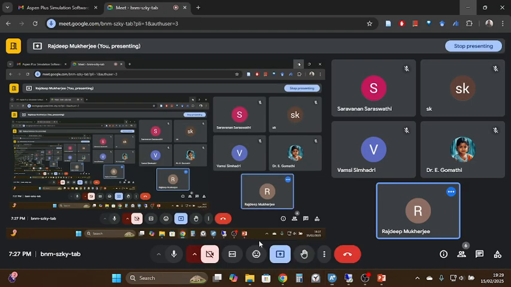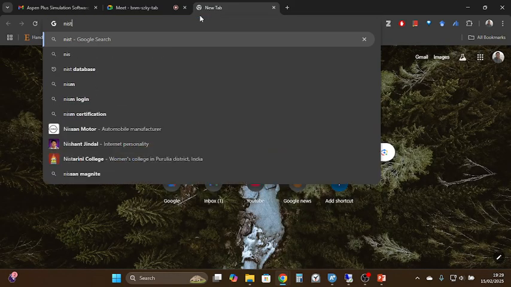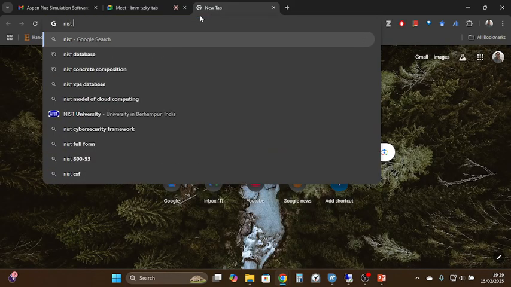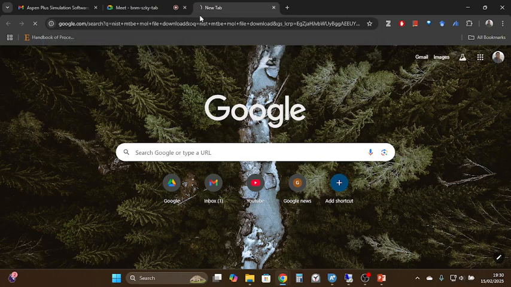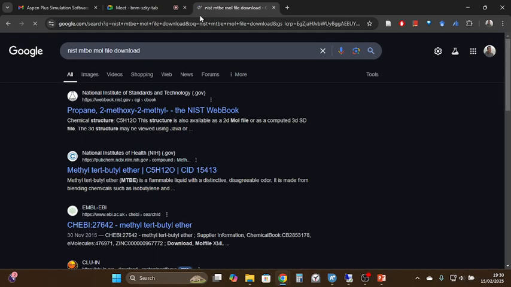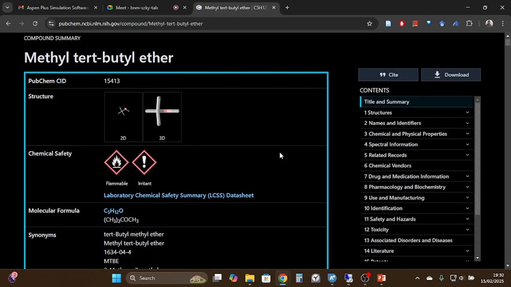For that, we have to go to a website over here. It is called NIST, and we know the molecular name, that is MTBE, and I'm going to write MTBE mol file download. So over here we are going to get this methyl tertiary butyl ether mol file.